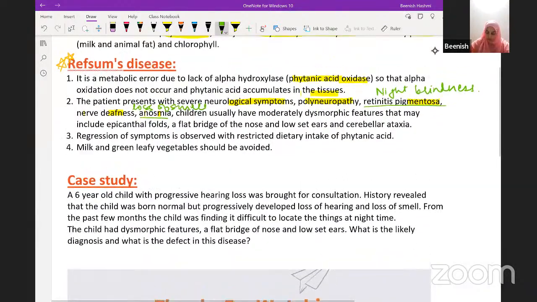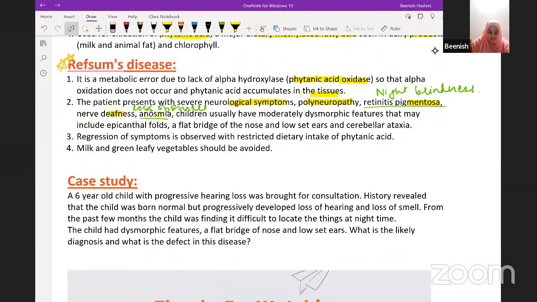So there's another case study attached to this. A 6-year-old child with progressive hearing loss was brought for consultation. History revealed that the child was born normal but progressively developed loss of hearing and loss of smell. That is anosmia. Loss of hearing is also there, nerve deafness. For the past few months, the child was finding it difficult to locate things at night time.